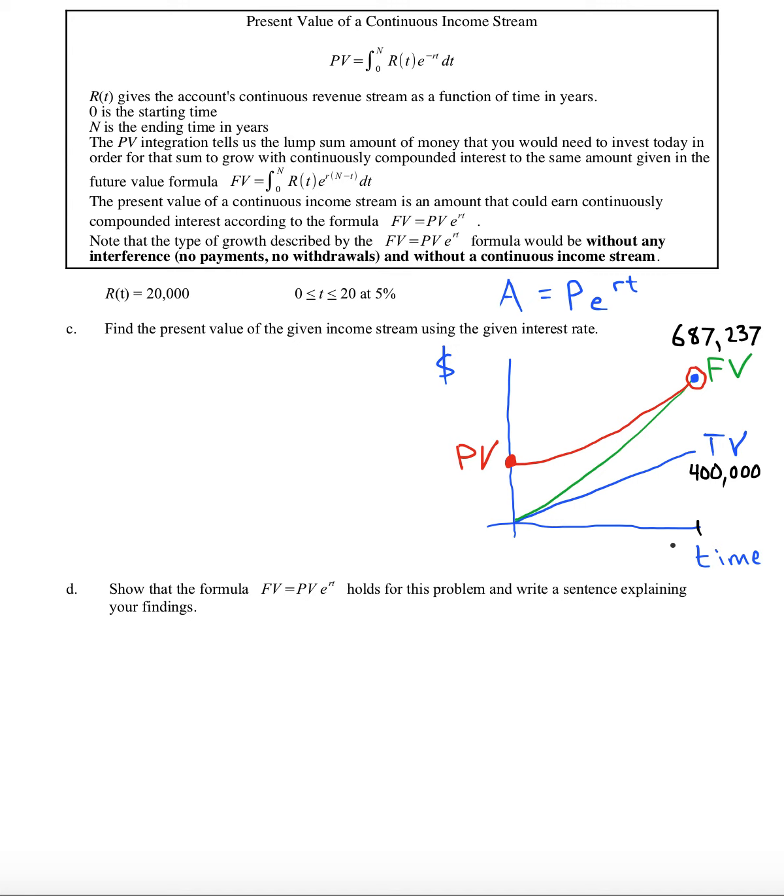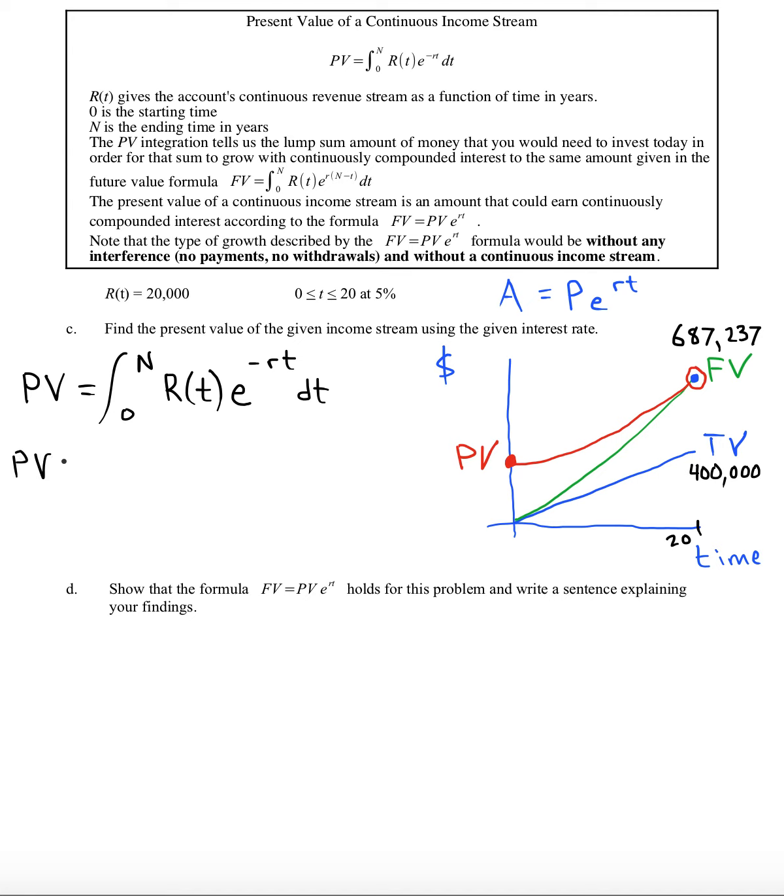Okay, let's try it. I'll use the formula above. Present value equals an integral from 0 to n of the revenue stream function times e^(-rt) dt.